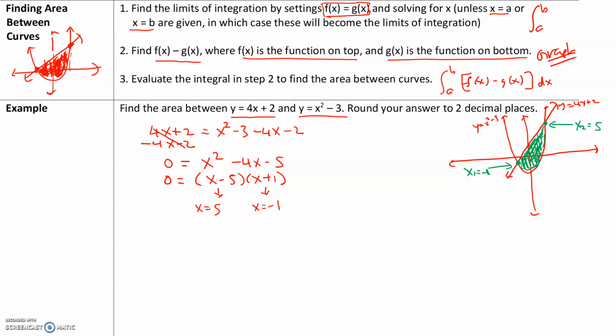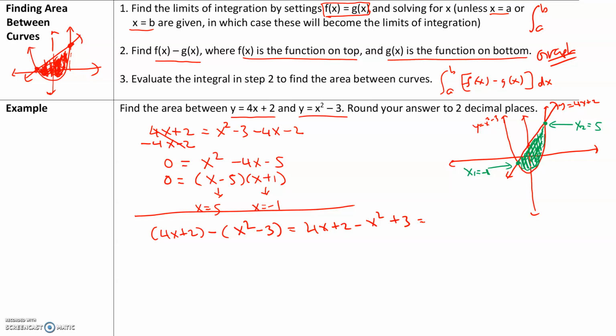So top minus bottom: the top function is 4x plus 2, the bottom function is x squared minus 3. If we subtract this, we get 4x plus 2 minus x squared plus 3.